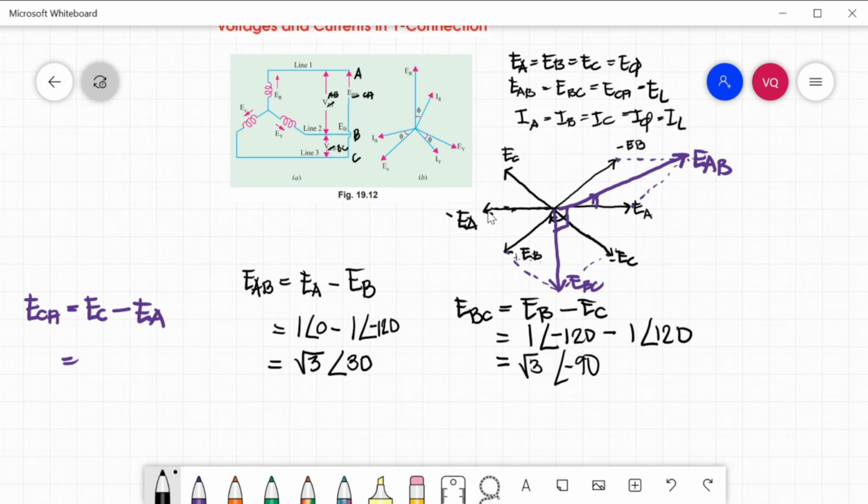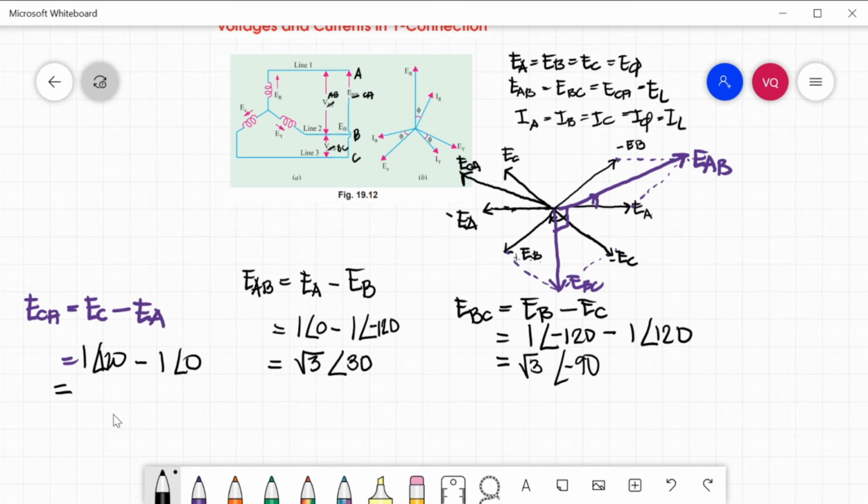EC is 1 angle 120 minus 1 angle 0. So that is equal to square root of 3 angle 150.